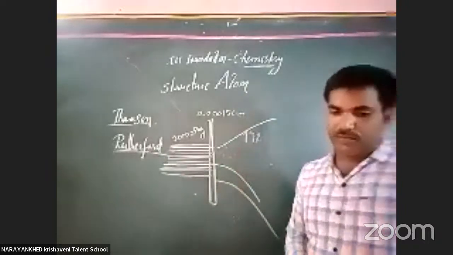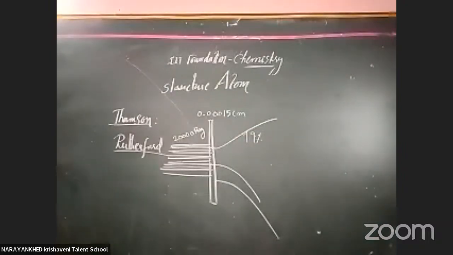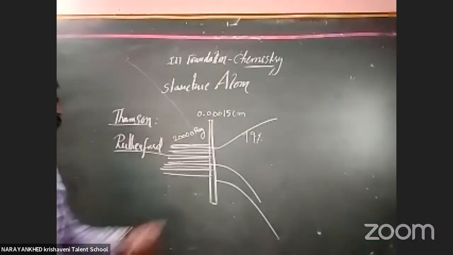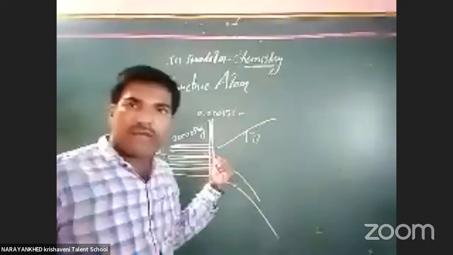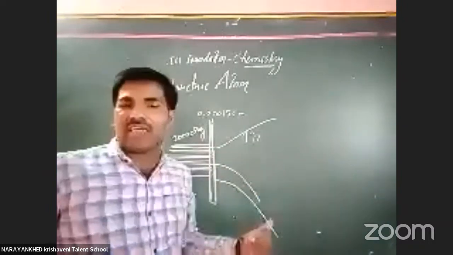So many particles are deviated from their original paths. Why are they deviated? There are positively charged particles, and these rays lead to those particles, then they are deviated.